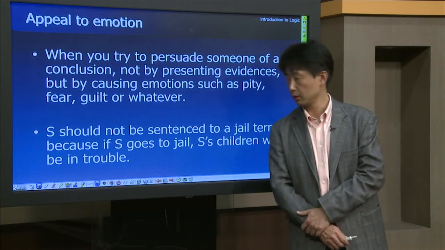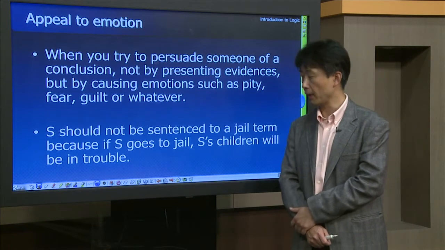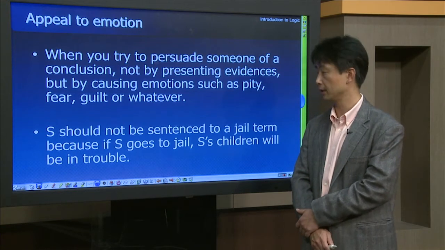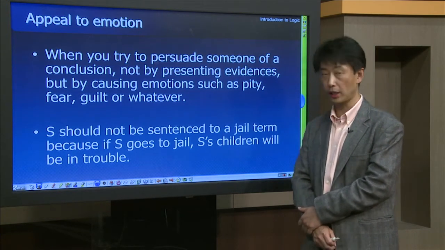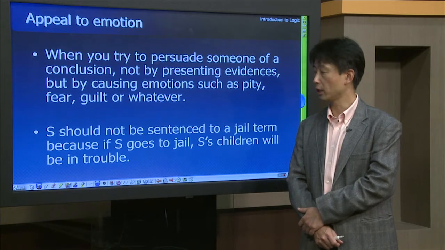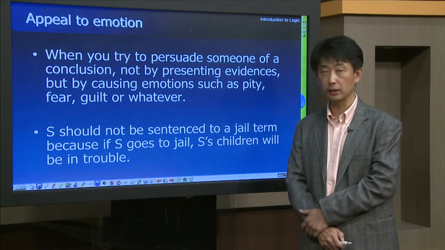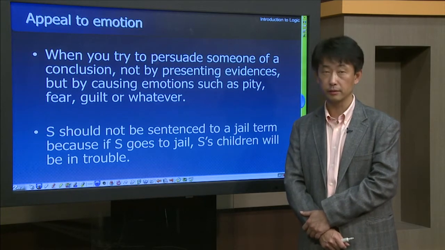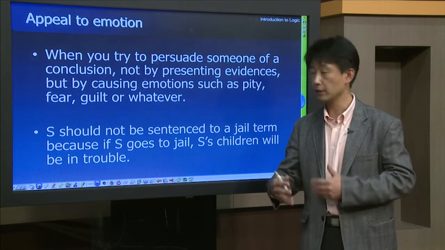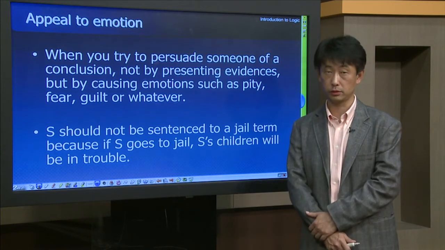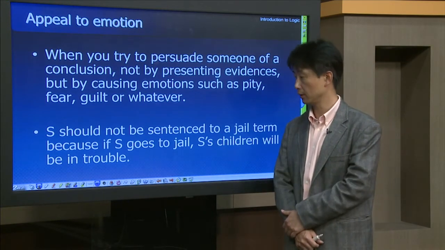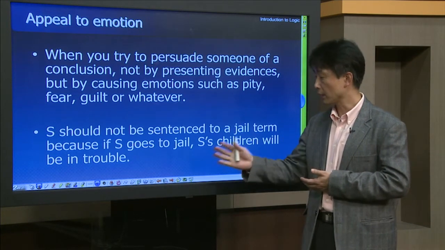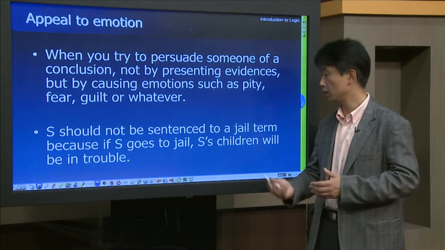The defense lawyer of S may argue like this to persuade jurors that S should not be sentenced to a jail term. But whether S should or should not be sentenced to a jail term depends on what S did. Okay? Whether S did commit the crime that he or she is charged with. That's what is relevant.